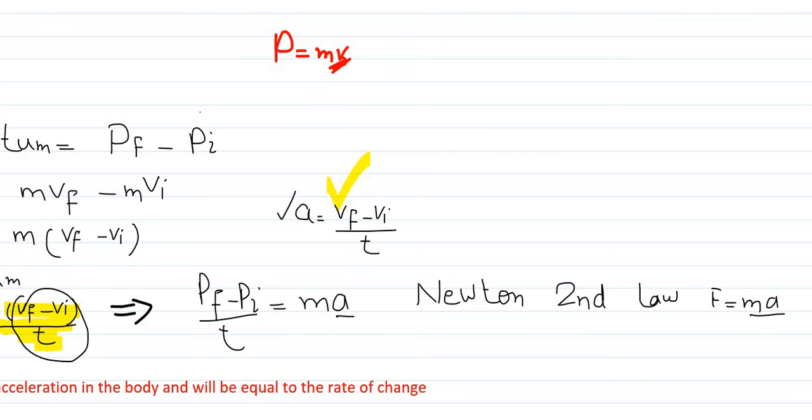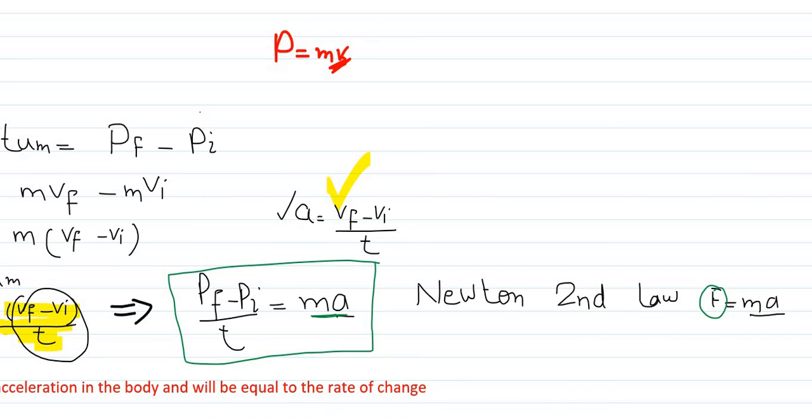Now I am putting the value of ma here. I make a box here. I am putting the value of ma, that is equal to F, here.